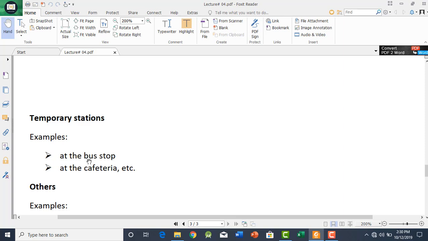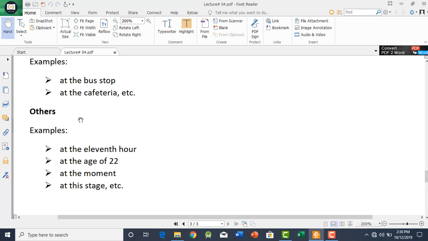Temporary stations, something like a bus stop or cafeteria, in which people stay for a very short period of time. So these places are called temporary stations or temporary places. So again, at is used in that situation. Other examples of at are the following: at the 11th hour, at the age of 22.